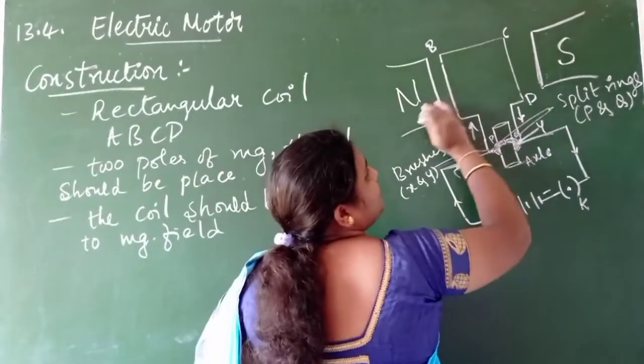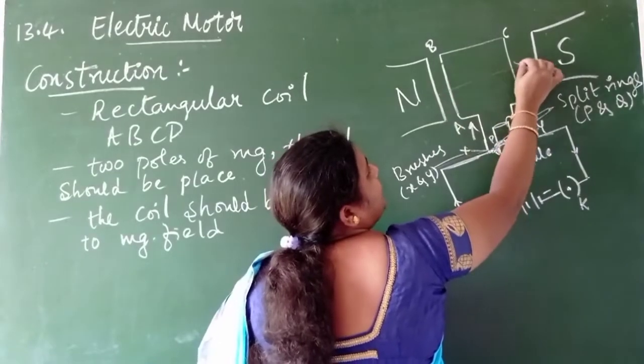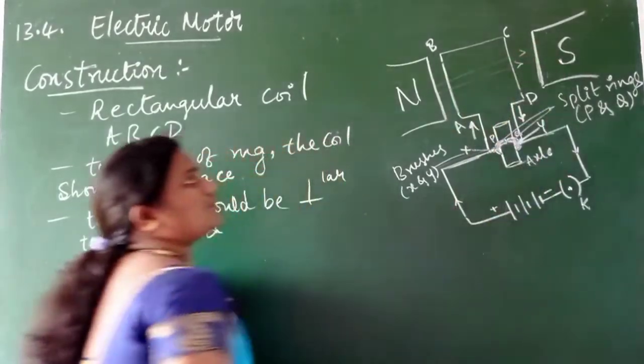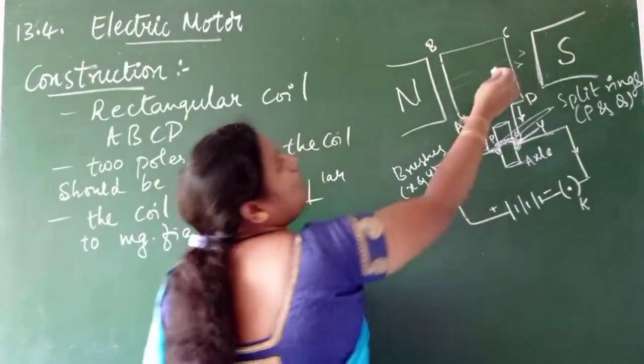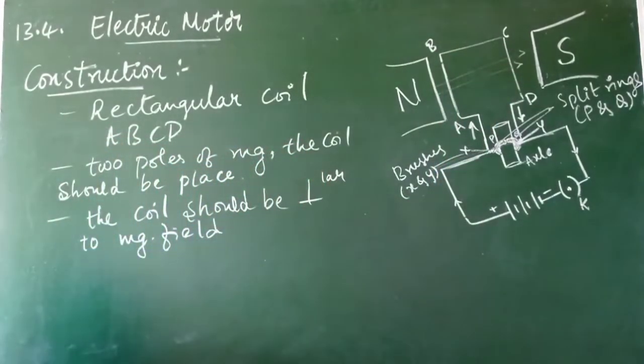The magnets are in this way, so the magnetic field will be in this direction. So the coil is perpendicular to the magnetic field.